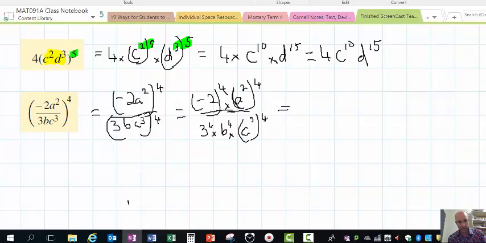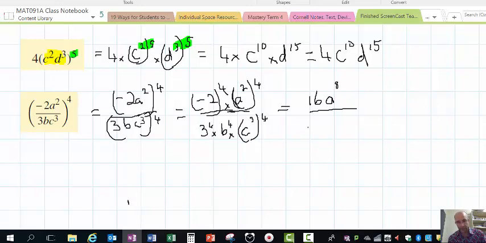Let's tidy that up a bit. Negative 2 to the power 4 is 2 times 2 times 2 times 2, which is positive 16. a squared to the power 4 is a to the 8.